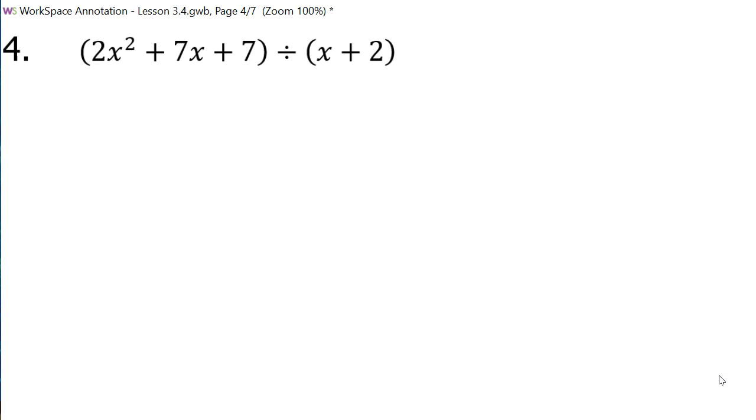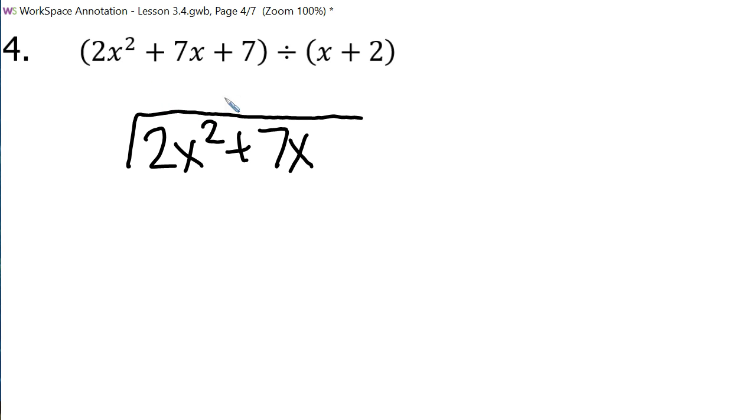Next one. What goes on the inside? 2x squared plus 7x plus 7. What goes on the outside? X plus 2. How do I find my answers?